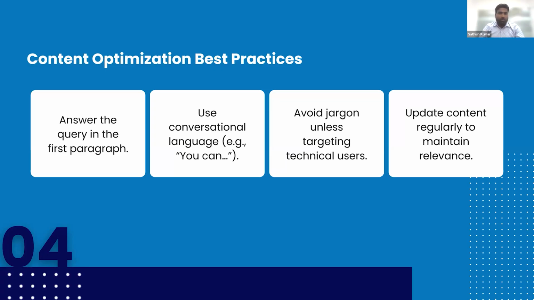Make it more conversational. If it is not a very technical thing, not targeting technical users, avoid jargon. Try to be more simple and make it more relevant for your users coming to look for answers on the answer engines.